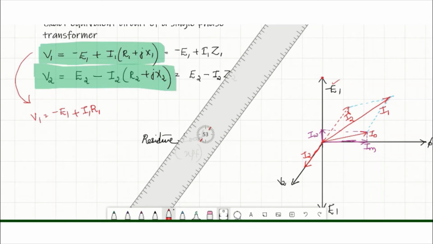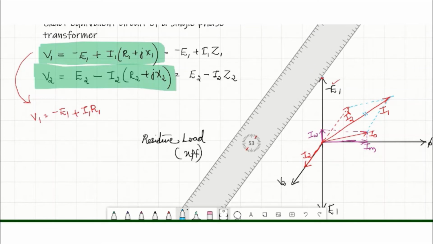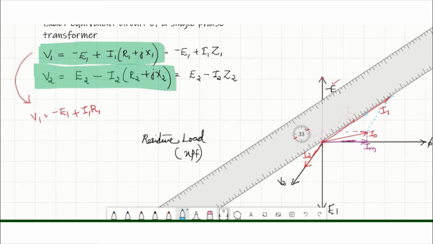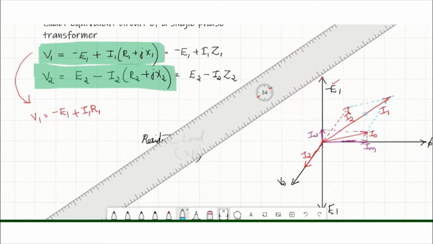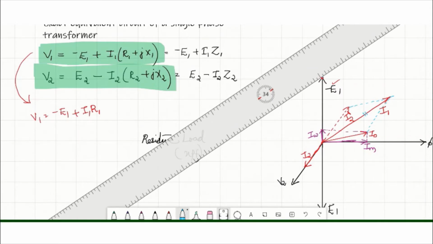I1 into R1 will be parallel with I1 because I1 into R1 is the voltage drop across R1. Voltage drop across the resistor will be parallel with the current phasor. So draw I1 into R1 parallel with I1. Now I got I1 into R1 like this.